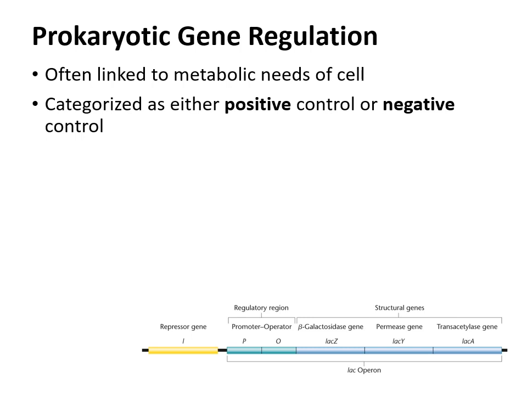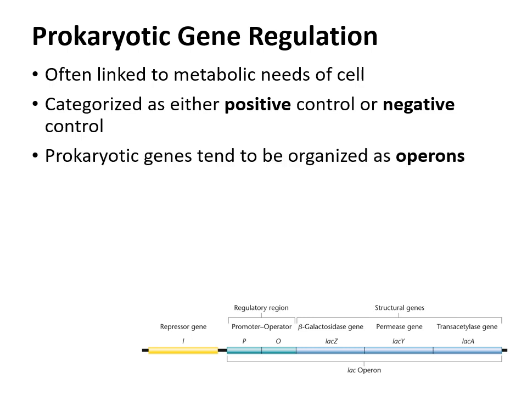So positive control, a gene needs to be activated, whereas negative control, a gene needs to be repressed. Now, in this process, keep in mind that prokaryotic genes tend to be organized in operons. And down here, we have a picture of an operon. It basically means multiple genes together under the control of one regulatory region.